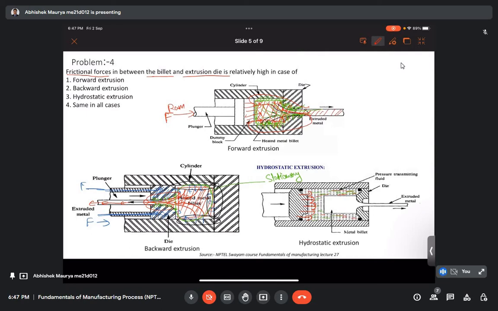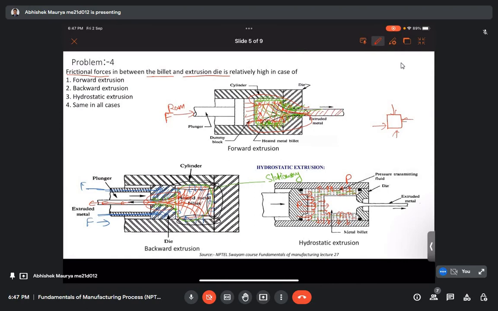So whatever pressure is here, let's say here pressure is P, then everywhere, the pressure acting on each surface of contact between the fluid and the die, or the fluid and the billet, will be P. And because of this, the condition is called hydrostatic, where a body experiences equal pressure in all directions.